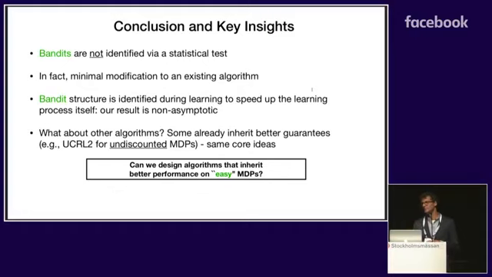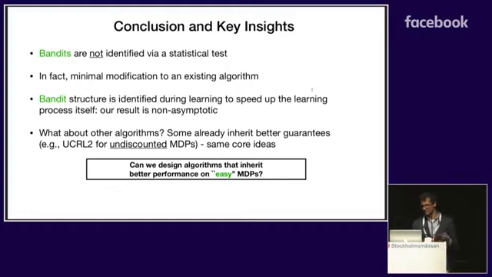In fact, you would be able to obtain these results as long as the range of the optimal value function is bounded, and the MDP is highly mixing, like ergodic. And we do this with a minimal modification of existing algorithms. And there are many others that actually already inherit this performance without the need of any modification.